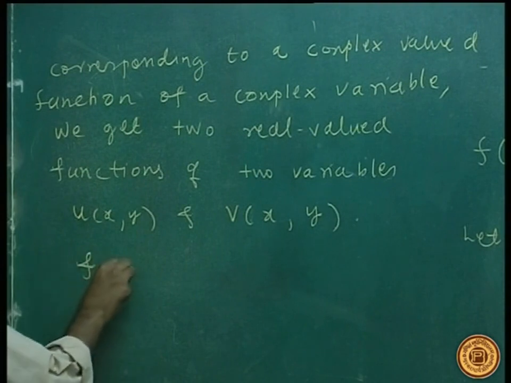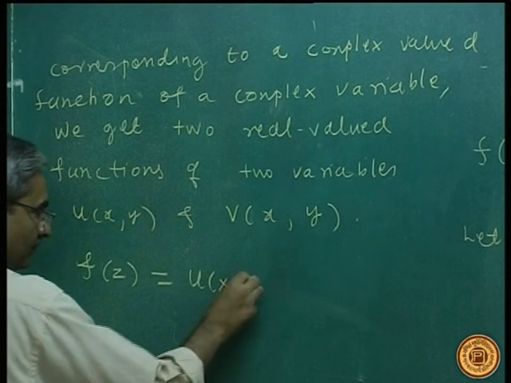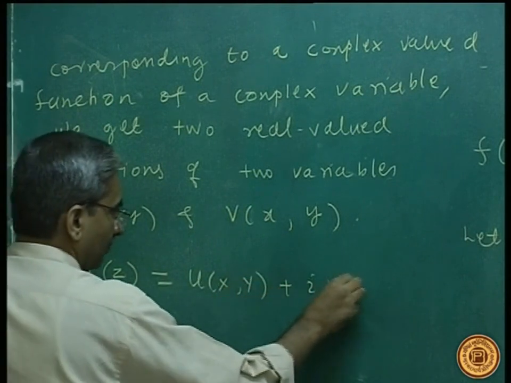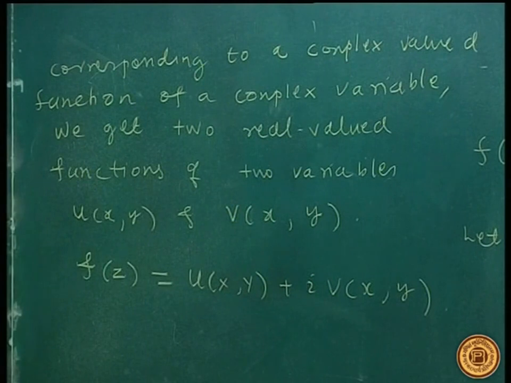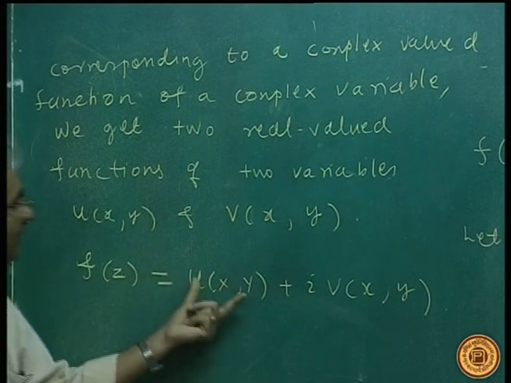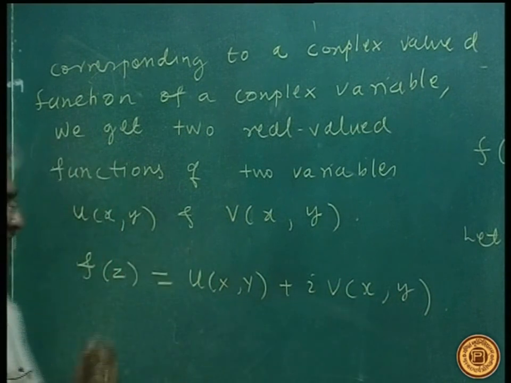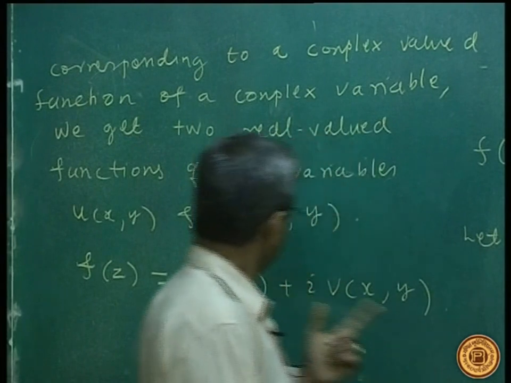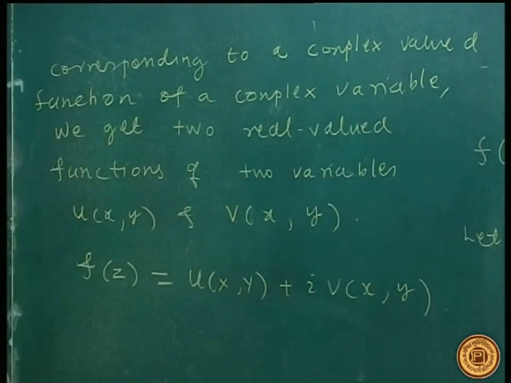So f(z) can always be expressed as u(x,y) plus i times v(x,y). This is very important because we will need these functions to check the differentiability properties of f later on. When we go to differentiation, these functions turn out to be very important.